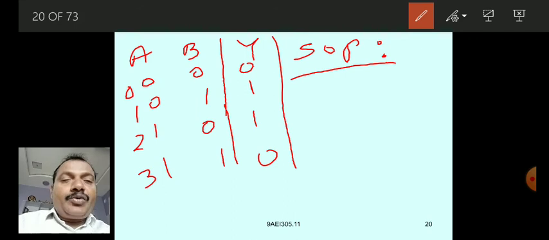You identify the outputs where ones are there. So y equals a bar b plus a b bar.